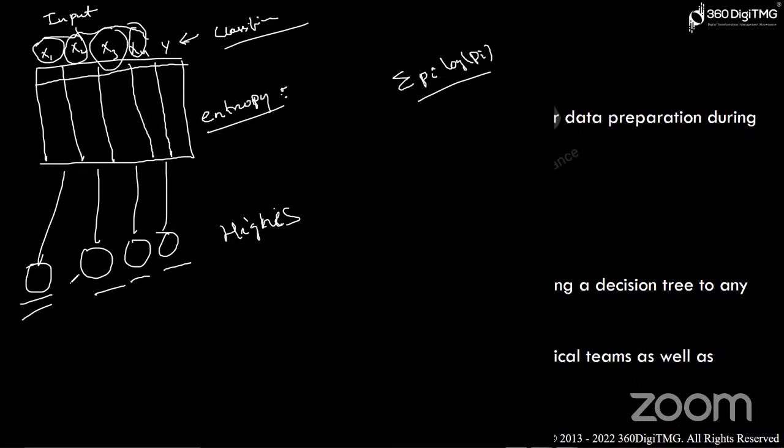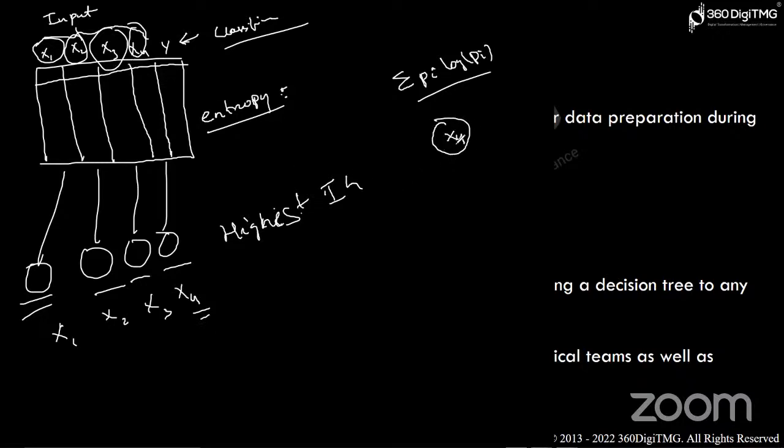Suppose, of x1, x2, x3, x4, the highest information gain is given by x4. Then the root node will be x4.